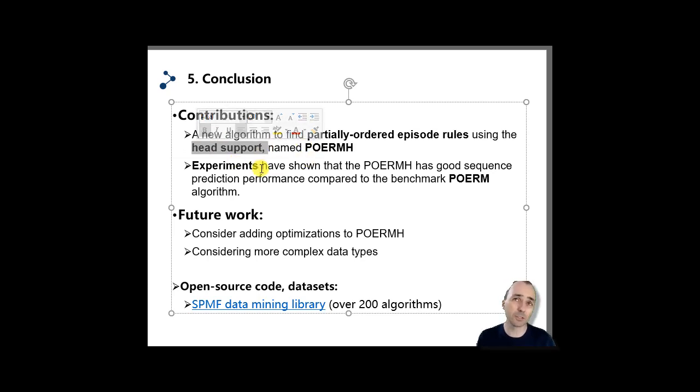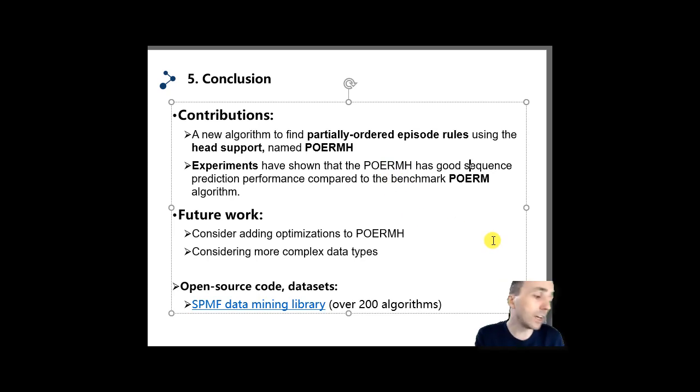And we did some experiments to test for the sequence prediction to see can we get better prediction. And we found that yes, using this improved algorithm with our new definition, we have better results.